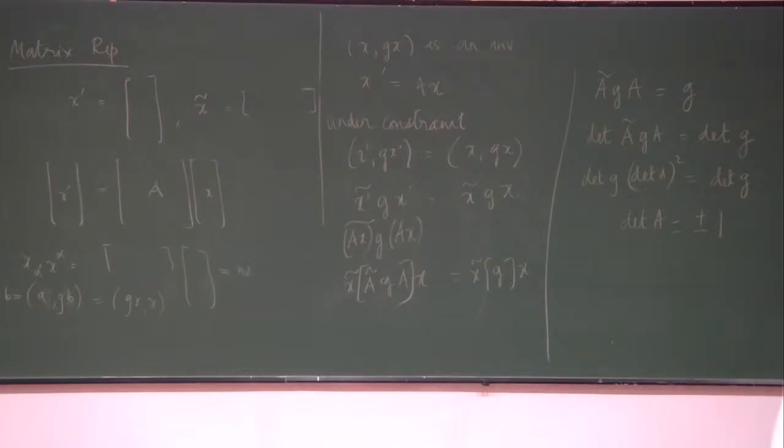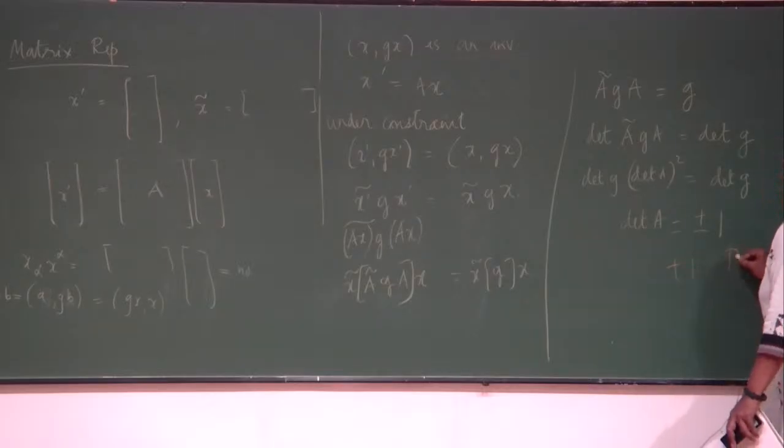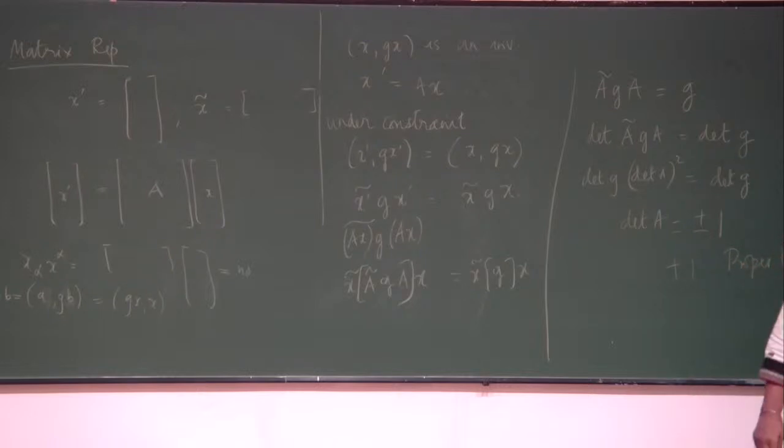But the determinant A plus 1 subset are what are called proper Lorentz transforms. So this is what I want. Plus 1 are called proper Lorentz transforms, and they will include the boosts that we are talking about. Boost means transformation from one inertial frame to another inertial frame, and rotations also. Okay.